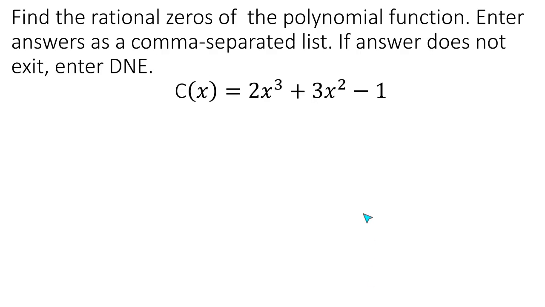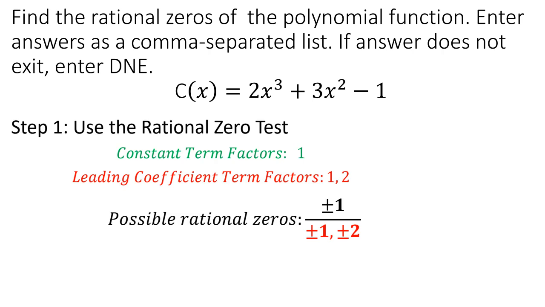Find the rational zeros of the polynomial function. Enter your answers as a comma separated list. And if it doesn't exist, then we would put does not exist. Okay, so first we need to find some possible zeros. To do that, we take our constant, which is 1. The factors of 1 is just 1 times 1. And then the factors of 2 are going to be 1 and 2.